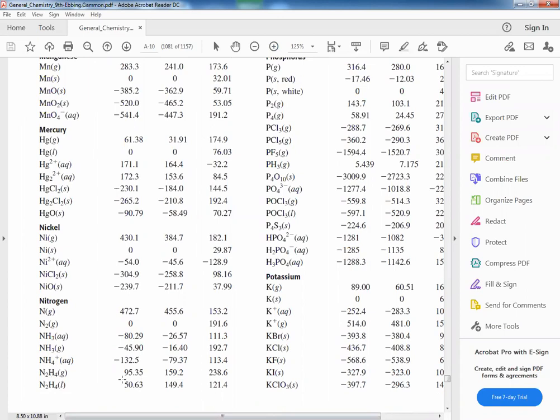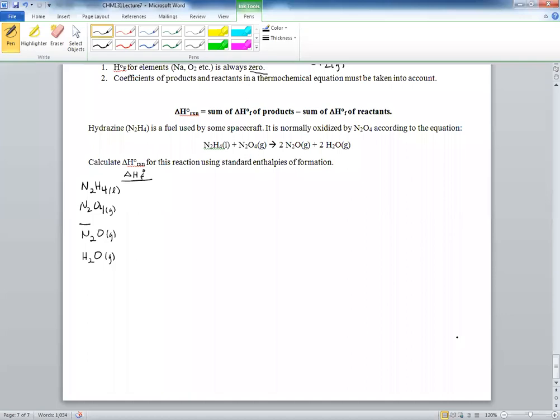Look at how the gas is different. 95.35. So you choose the last one right here. 50.63. So let's write that down. Kilojoules per mole.